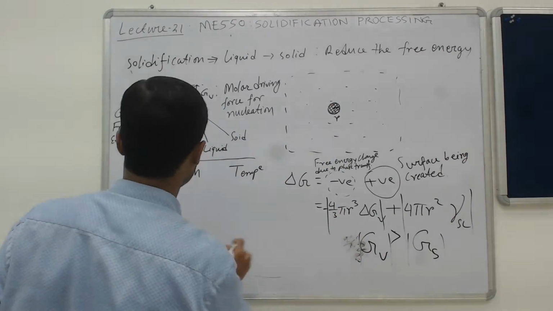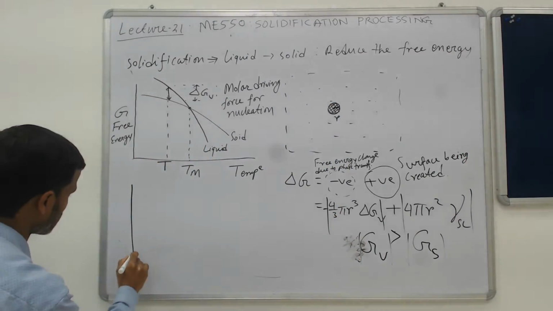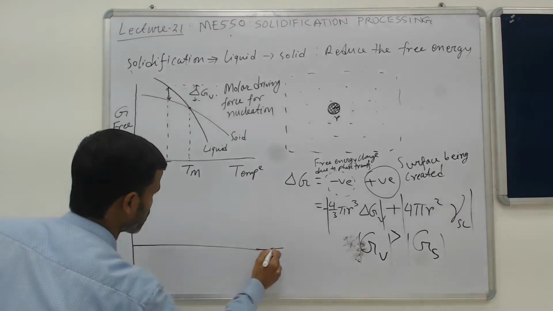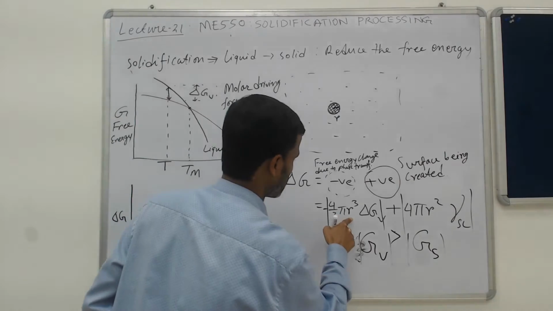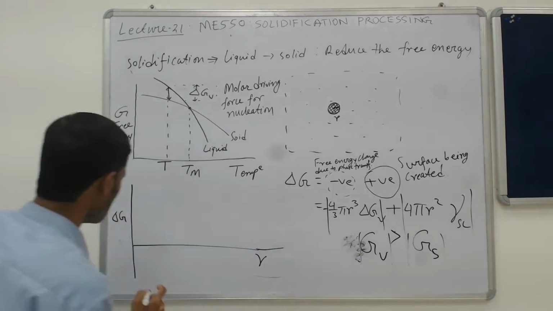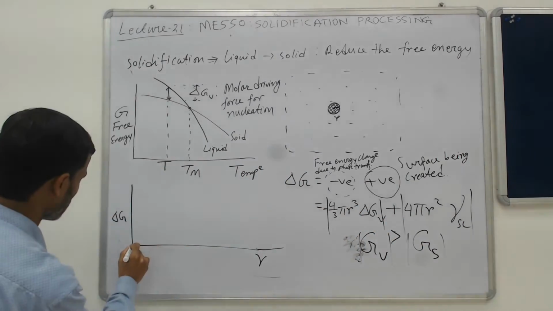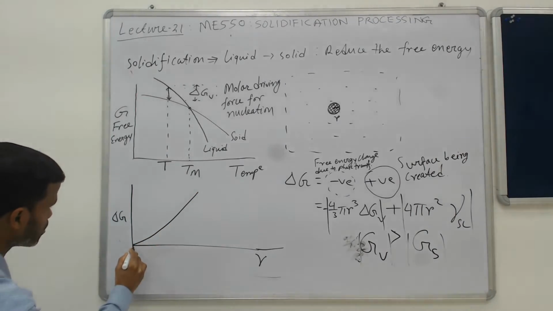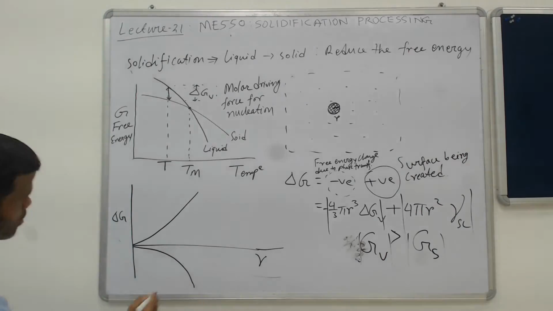Now we have already plotted this curve, delta G versus R. This is a function of R. In cube terms you have a negative term, and the square term is positive. So the square term will grow like this, and the negative cube term will grow like this.